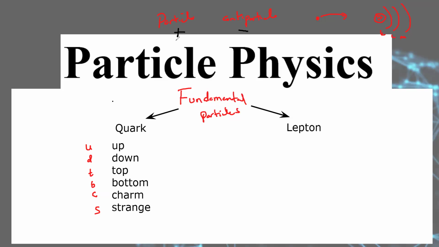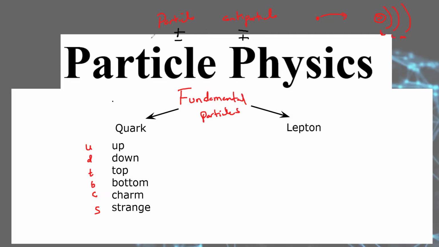Negative. If a particle carries a negative charge, the antiparticle carries a positive charge. Particles and antiparticles have the same mass and move in the same manner, or spin, but the only difference is the charge.